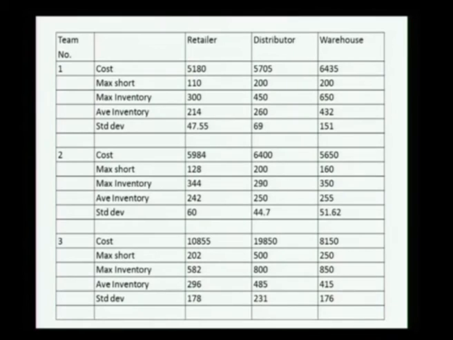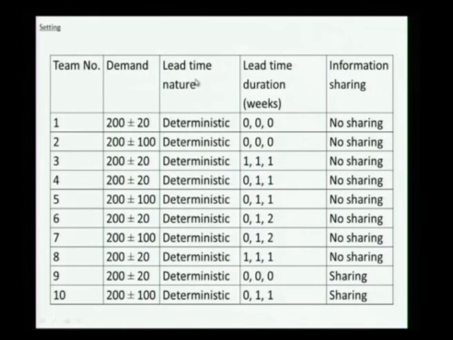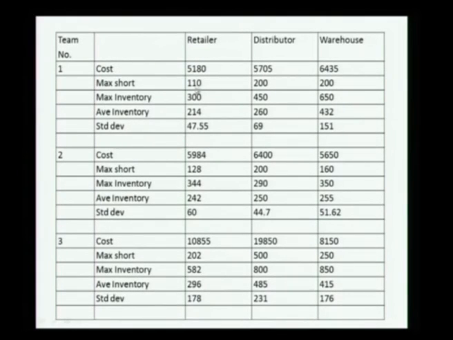One could understand here, if we look at the inventories, we observe that as we move along groups 1 and 2 there is a large variation. So the cost also increases here between 1 and 2, and the average inventory in the system increases a little bit.